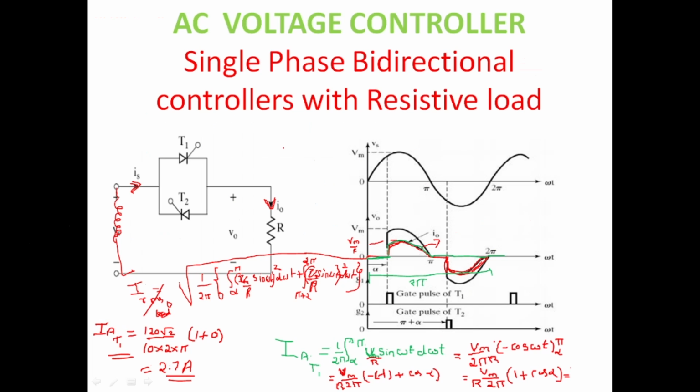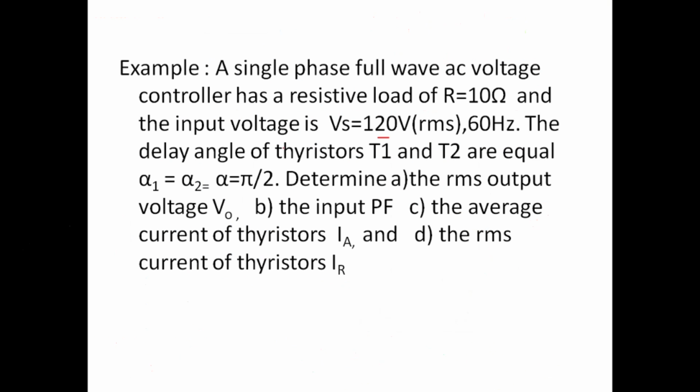Next, what is the next part of your problem? The RMS current of the thyristor, he has denoted it as IR. Okay, we'll calculate.